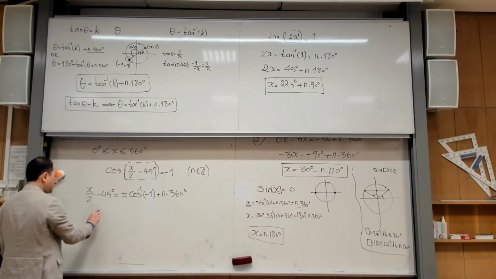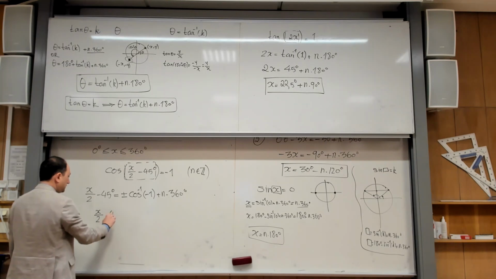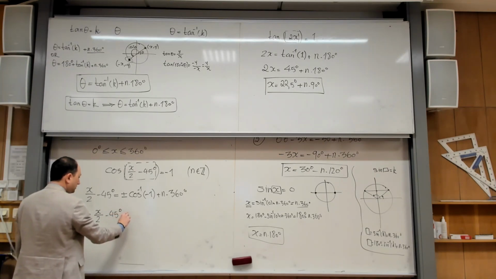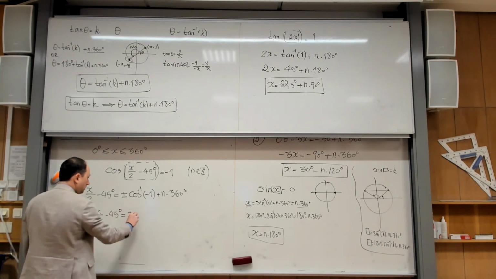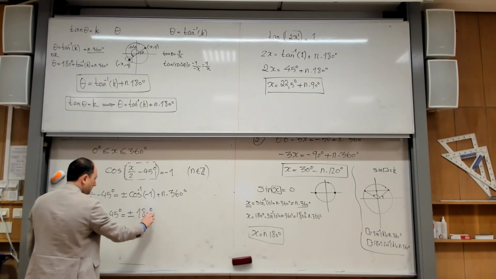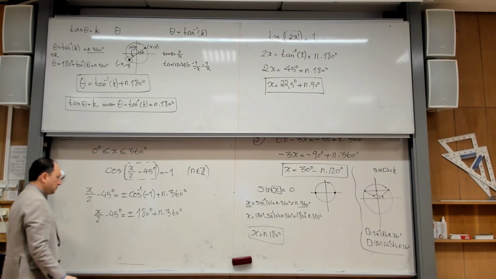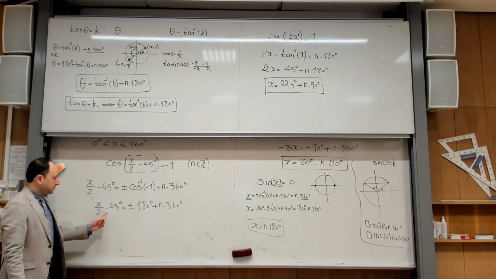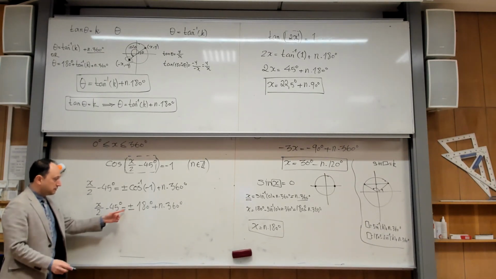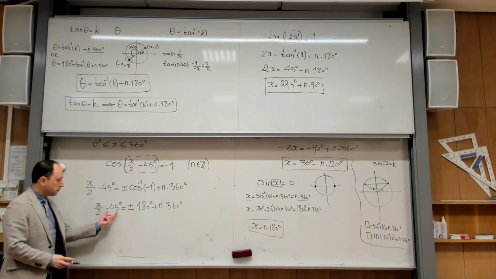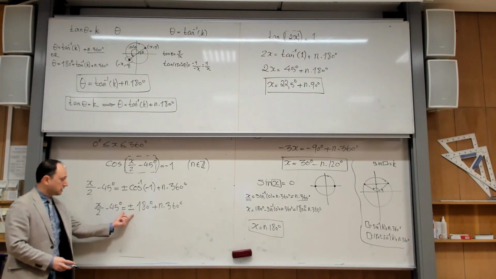So this becomes x over 2 minus 45 degrees is equal to plus or minus 180 degrees plus n times 360 degrees. But be careful. It is better to split it from here, okay? Of course, one more step, you can move it to the other side and write plus or minus.